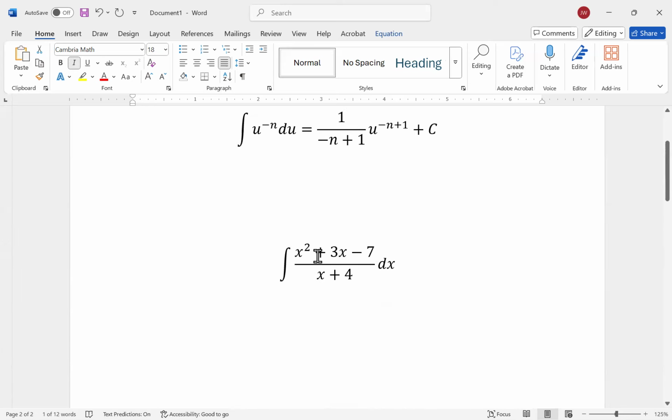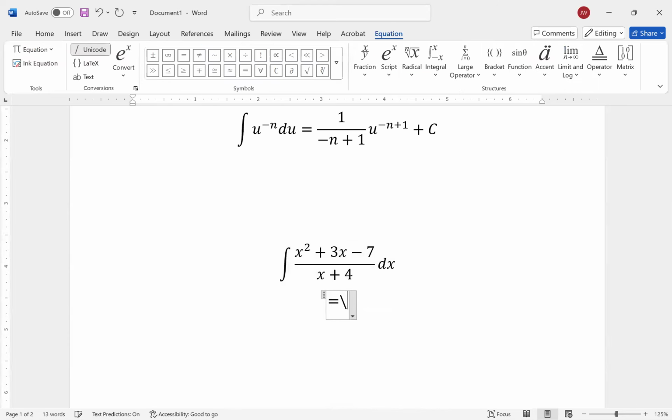So that's what I do. I say, well, this integration is the same integration as x minus 1 plus a negative 3 over x plus 4.